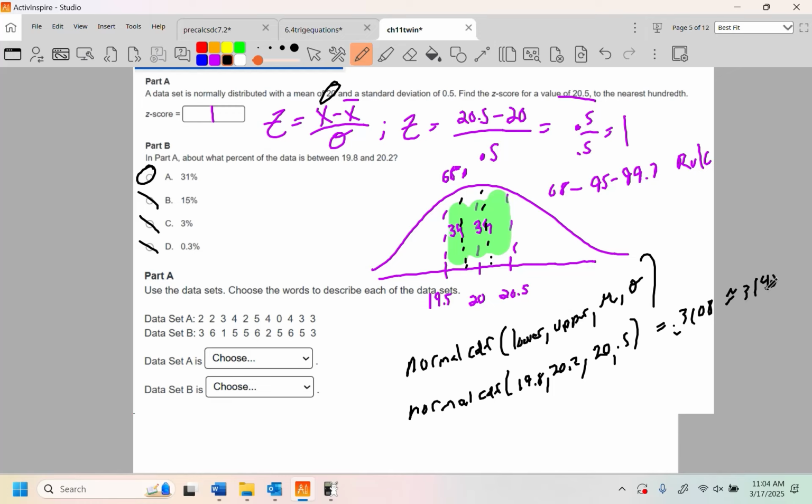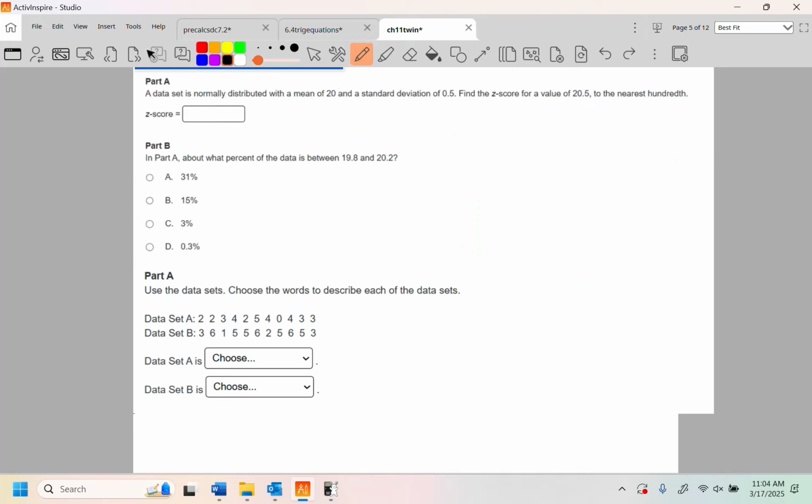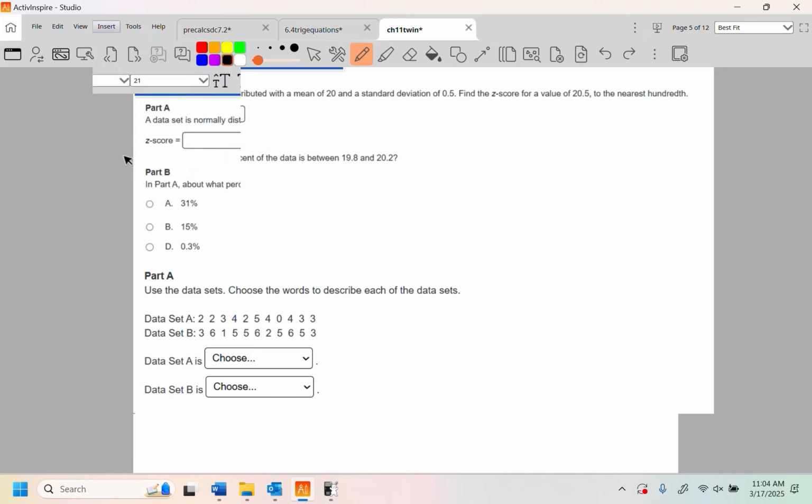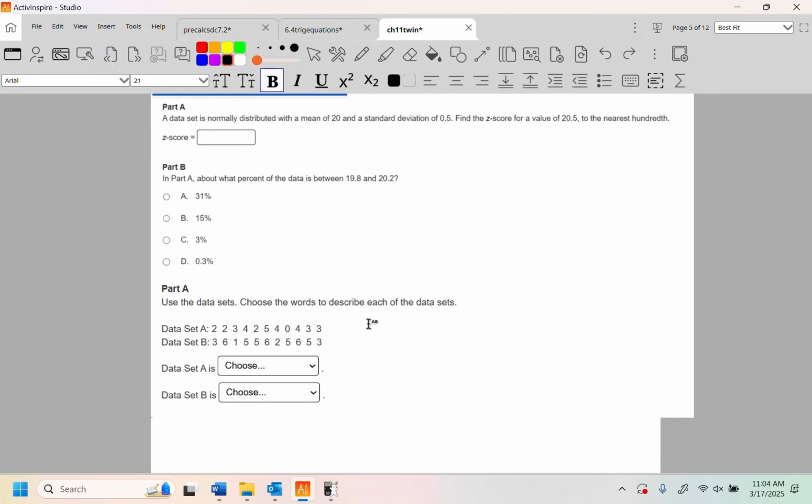All right, use the data sets. Choose the words to describe each of the data sets. So what we're going to do here is put each data set into list 1, and we're just going to do it for each data set. So enter the data into list 1, and then you're going to get stat calc 1 var stats, and you are after the mean, which is your x bar, and your median.